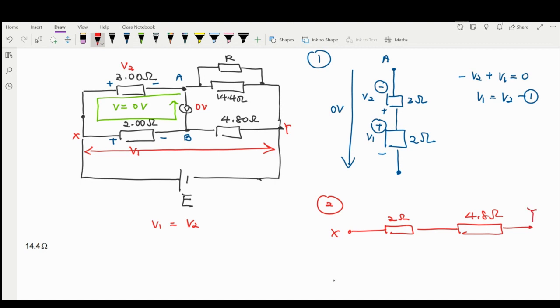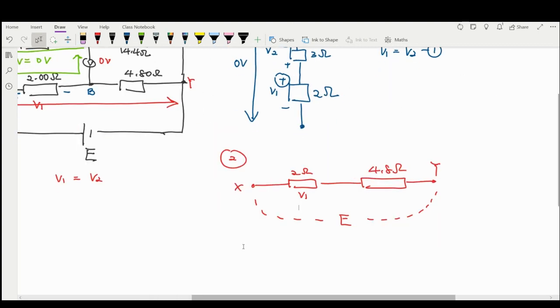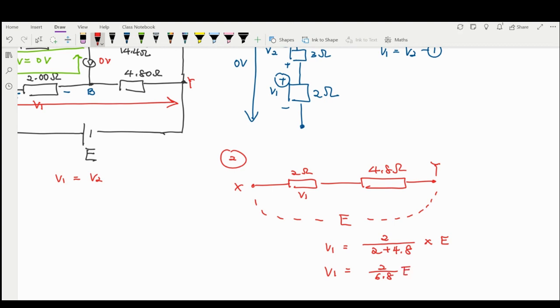Across this XY, you should have a total potential difference of E. So if this is V1, you can form an equation for V1 in terms of E. Your V1 should be given by the potential divider equation. The resistance is 2, and the total resistance is 2 plus 4.8, times E. So your V1 should be equal to 2 over 6.8 E.